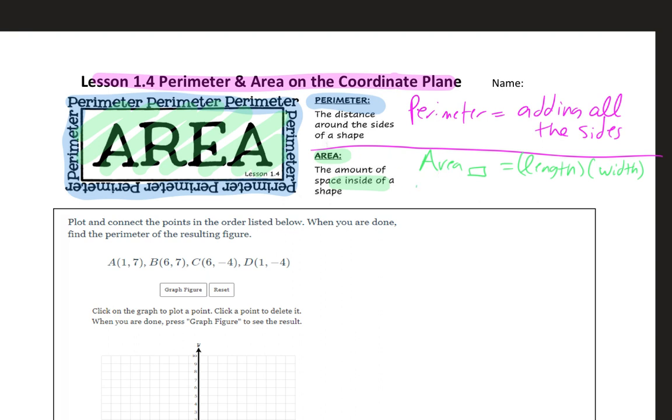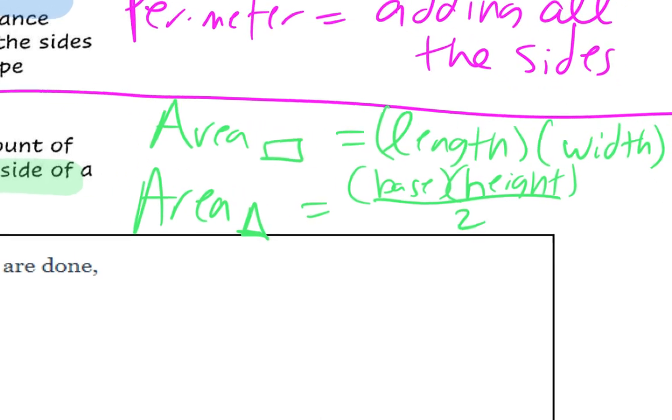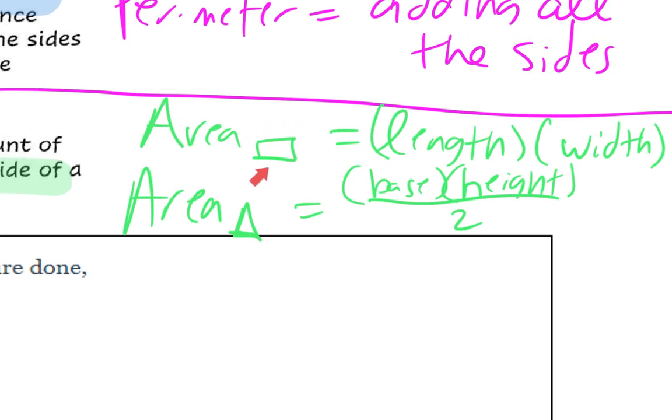Then the area of a triangle is equal to base times height divided by 2. So the area of a rectangle, we're going to do just length times width. The area of a triangle, we're going to do base times height divided by 2.